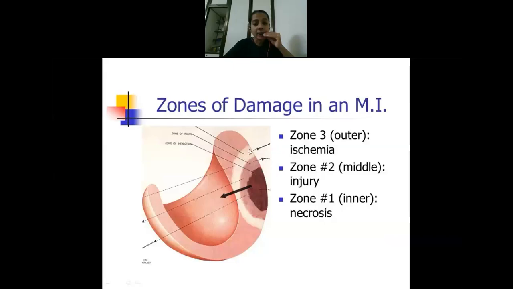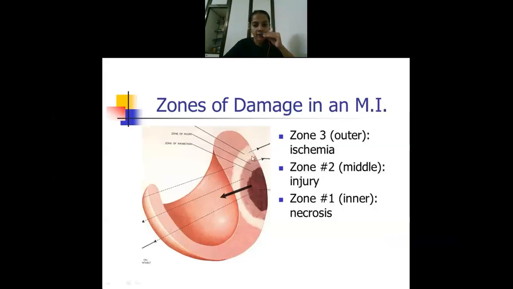Damage to this area is reversible, it's all right. So remember, the zone of ischemia is the outermost zone, so damage to this area is not dangerous, it is reversible, and the tissue is able to live or sustain.